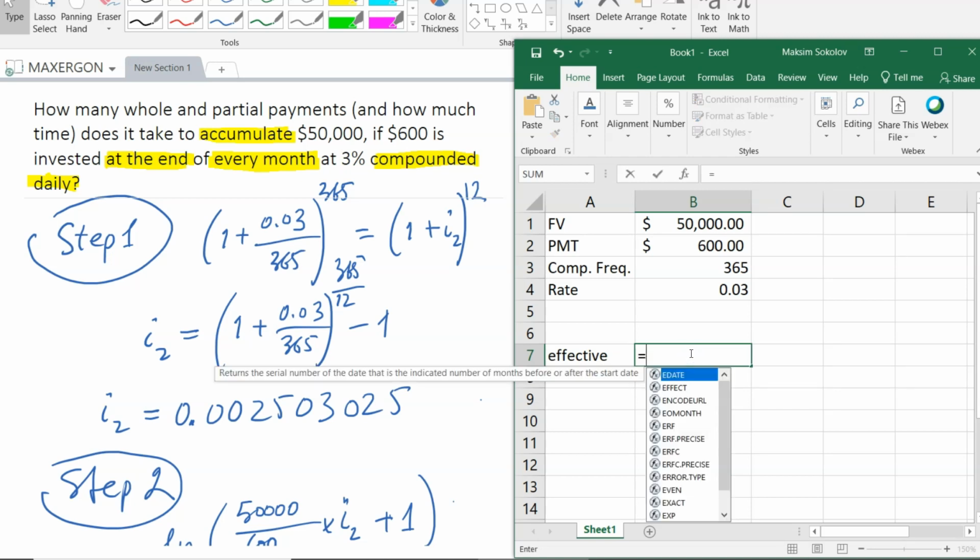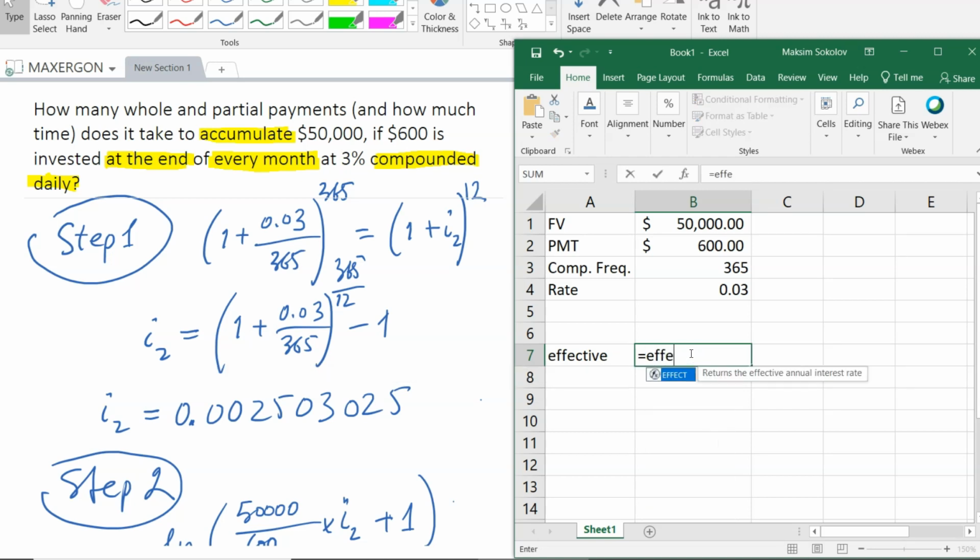To find the effective rate, we'll use the function EFFECT. This function calls for the nominal rate first, which is in our cell B4. That nominal rate, which is known, is compounded 365 times per year, so we'll enter B3 into the formula. If I press enter, I see that the effective rate is found here.